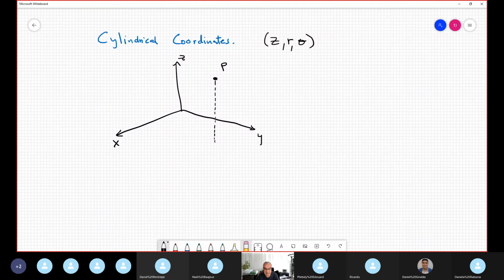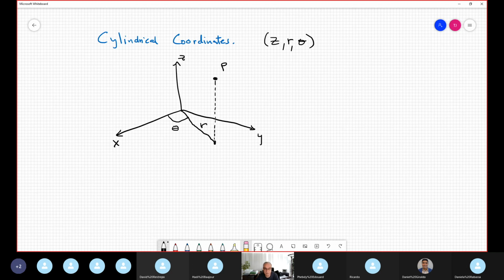So if you select z, the others are x and y. You project it onto the xy plane, and then you apply polar. This is my famous r, and this is theta.